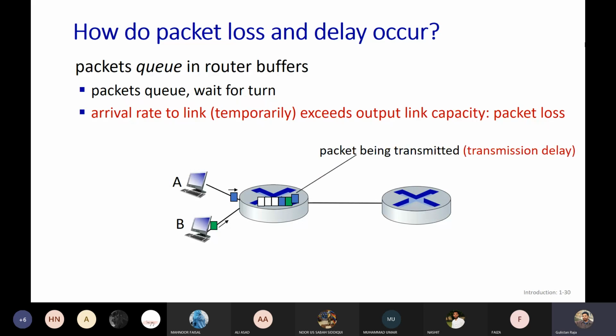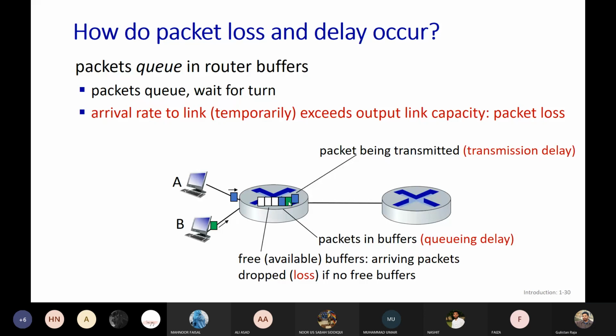Okay ji. So for instance here, the packet being transmitted has transmission delay L by R, and then these are the packets in buffers. The blue packet is being transmitted, and the remaining packets are in buffers. A queuing delay will be there, right? And this white space is free available buffers.